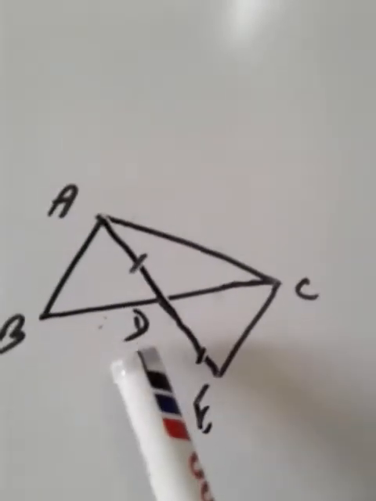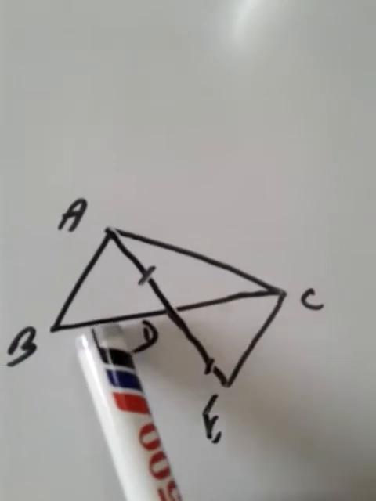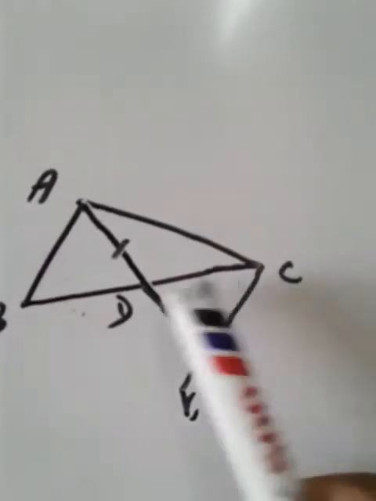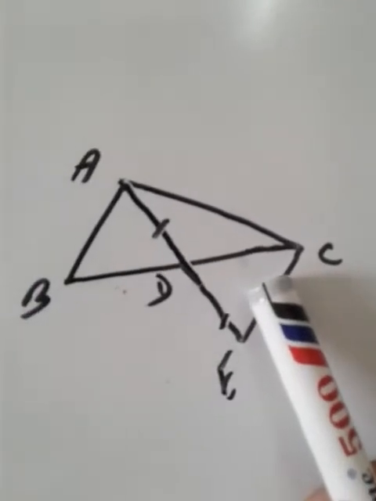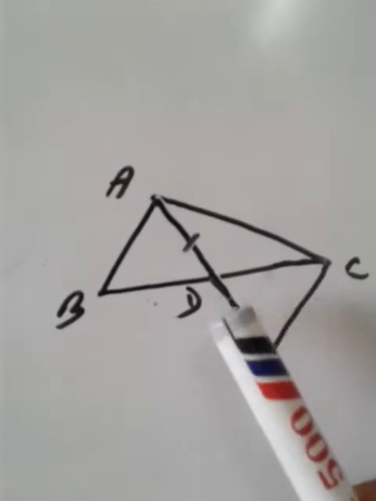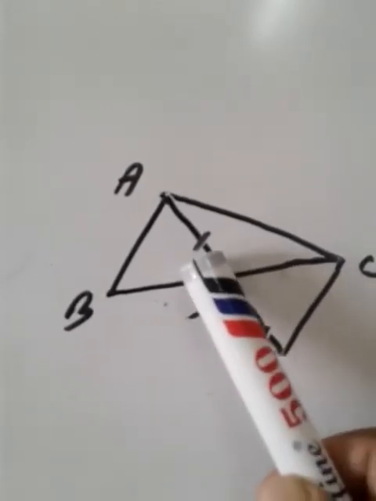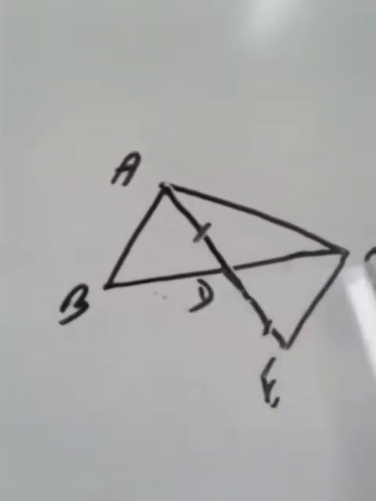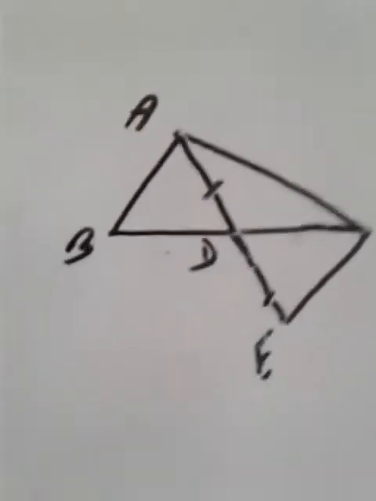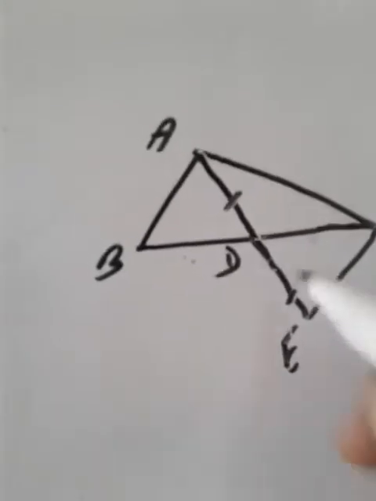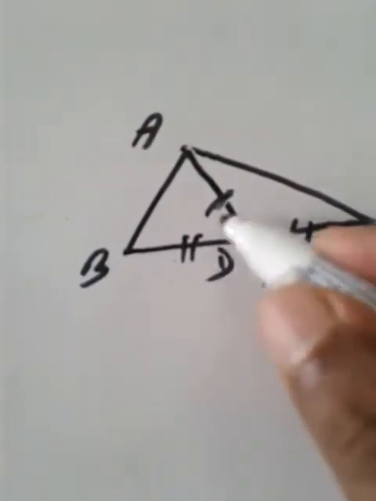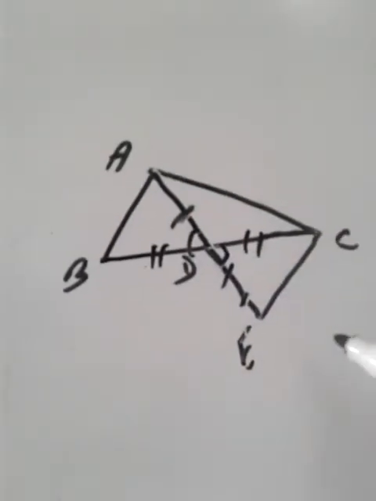Now see, in these two triangles ADB and CDE, BD equals CD and AD equals ED, and angle ADB equals angle CDE, these two being vertically opposite angles. Now we get these two sides equal to these two sides, and this angle equal to this angle. So both triangles are congruent.